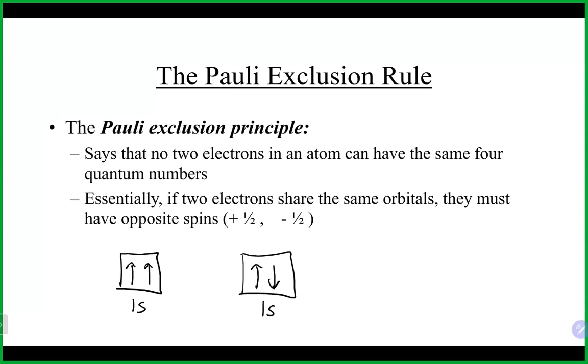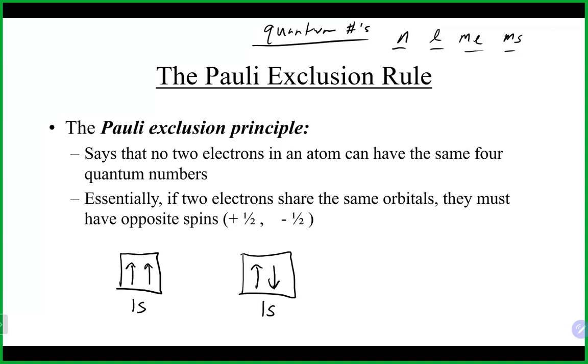And you may be going, there's four quantum numbers? There are. There is n, the principal quantum number. There's l, which tells you the type of orbital it is. There's m sub l, which tells you how many orbitals there are and which orbital it's actually in. And there's m sub s, the spin quantum number. Those are the four quantum numbers.